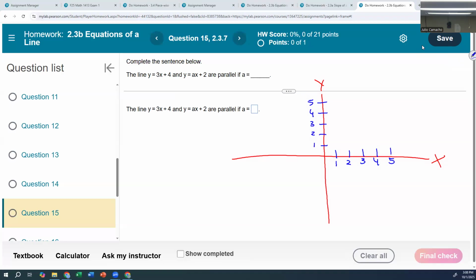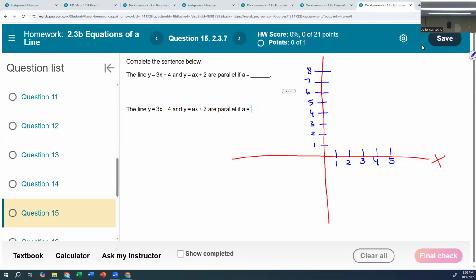Let me make this line longer, and let's put 6, 7, and 8.